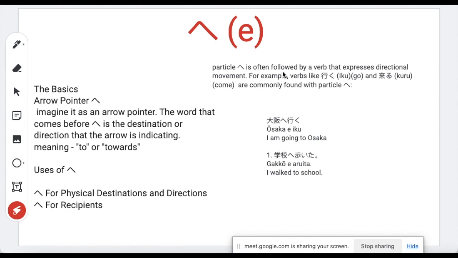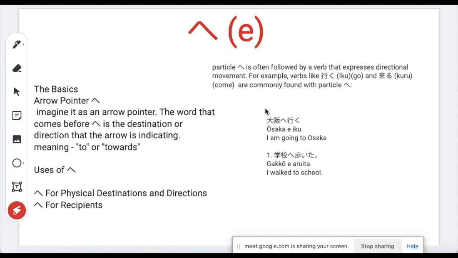See, this is a simple clue: particle 'e' is often followed by verbs that express directional movement, for example the verbs 'iku' and 'kuru', which mean go and come. Whenever there is the verb 'iku' or 'kuru', it must be combined with 'e'.